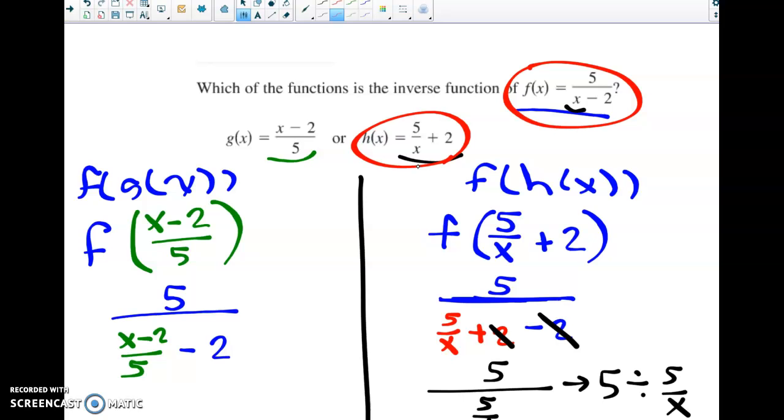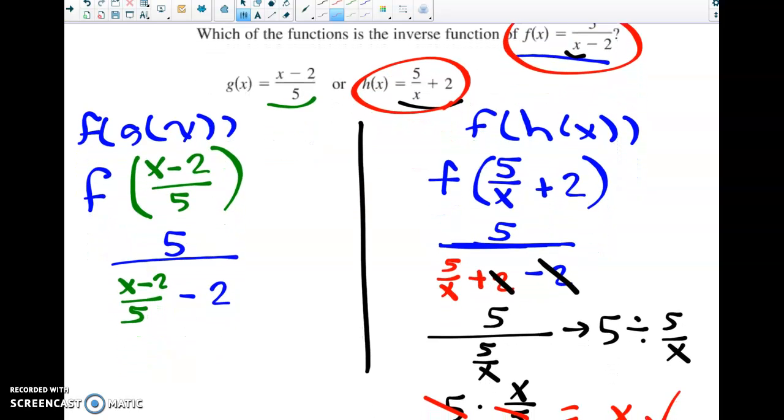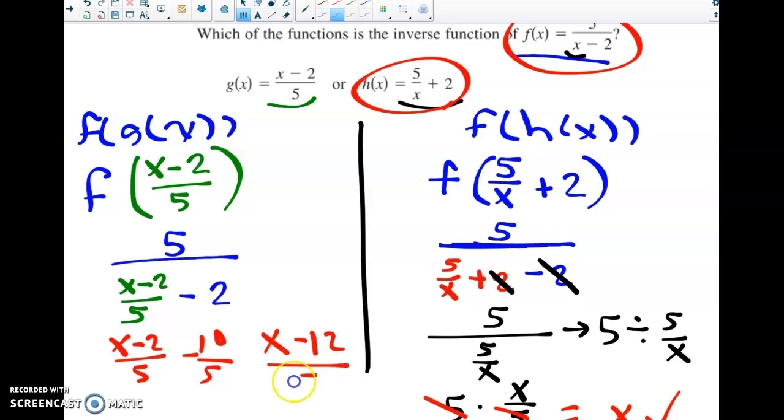If you were curious about the left-hand side, how you would even keep going with this one, because sometimes it might happen that, in fact, they are inverses, you would focus on the denominator and getting that to be one fraction. You would need to make this a fraction over 5. So 2 is technically 10 over 5, so you would have (x minus 2) over 5 minus 10 over 5. So your whole denominator would be (x minus 2 minus 10), so minus 12, all over 5.